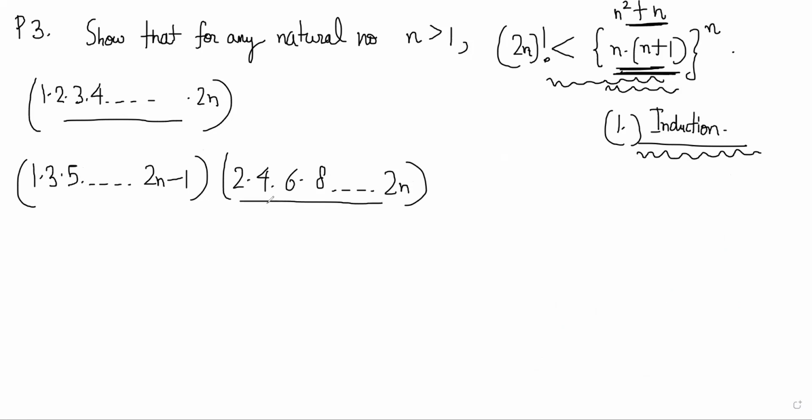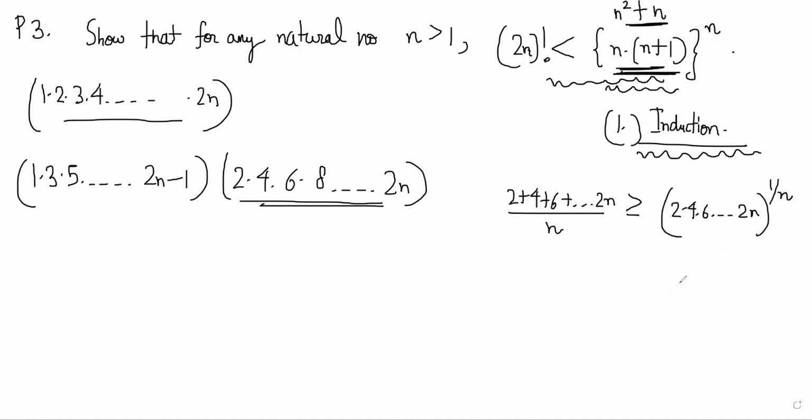So if I do AM-GM on this portion, let's see what will come. It will be 2 plus 4 plus 6 till 2n divided by n should be greater than equal to 2 into 4 into 6 till 2n power 1 by n, right? So this is 2 common, 1 to n, which is n into n plus 1 by 2, and divided by n.